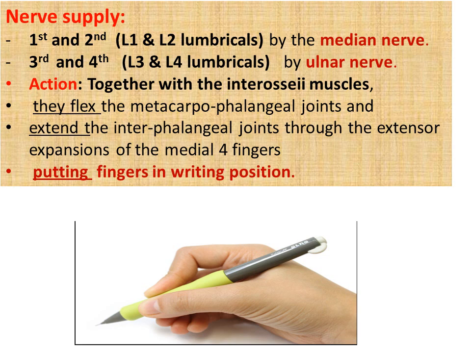Their action, together with the following group, the interossei, is to put the hand in writing position, by flexion of the metacarpophalangeal joint. Here are the carpals, metacarpals and phalanges. Flexion of the metacarpophalangeal joint and extension of the interphalangeal joint help in putting the hand in writing position.